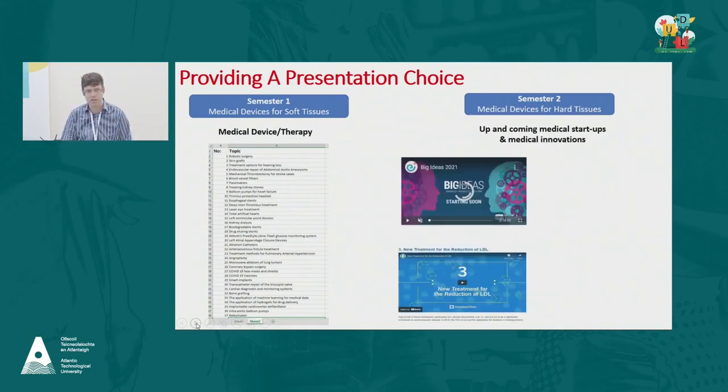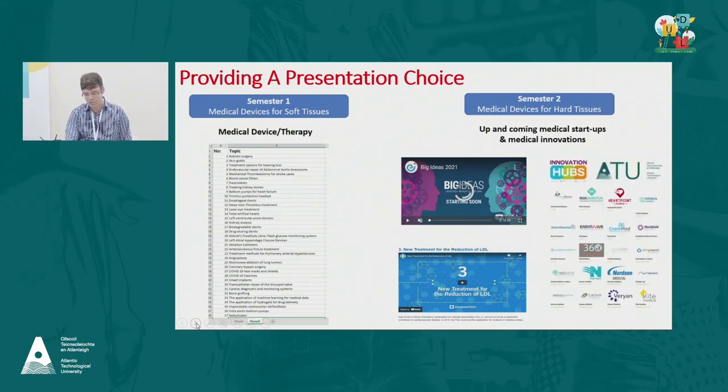From Enterprise Ireland's big ideas, they show from last year the up-and-coming Irish indigenous startups. Also, you can look up the videos that are provided by Cleveland Clinic on some of the medical innovations. And then as another option, the students could select from one of the startups from the iHubs.